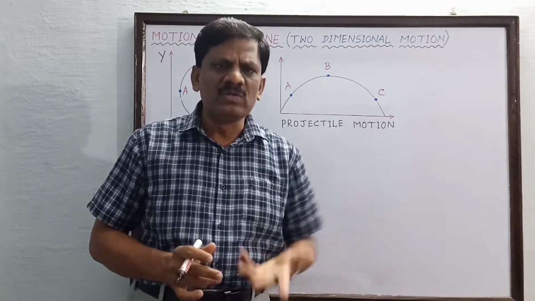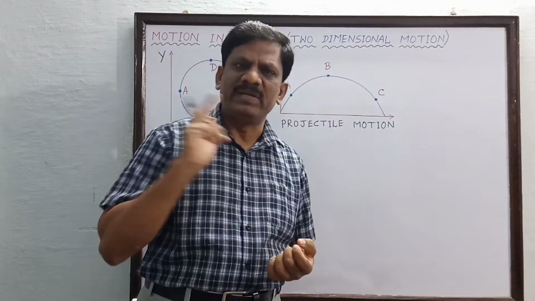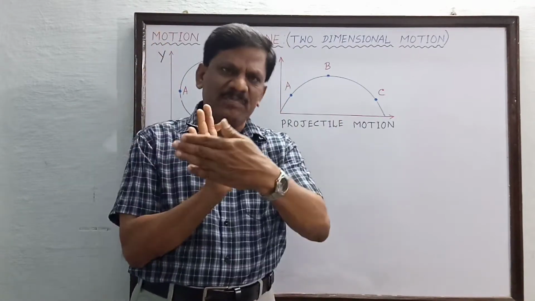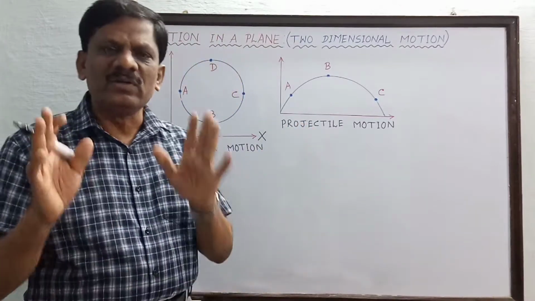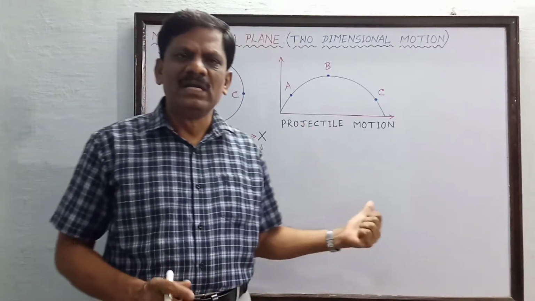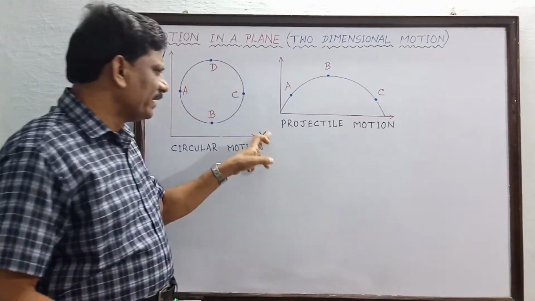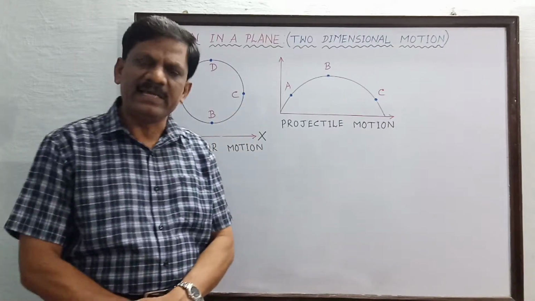Like this, it may also revolve in a horizontal circle, which is a YZ plane, or it may be a vertical circle in another plane, the XZ plane. So in this example, I am going to represent the motion of the particle with respect to an XY plane by taking x along the horizontal direction and y along the vertical direction.